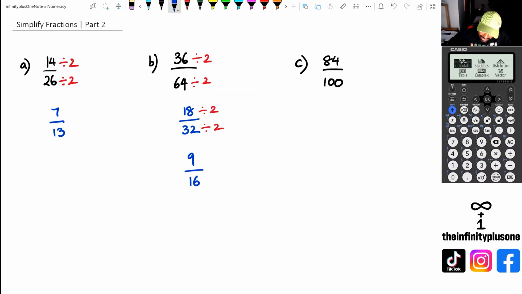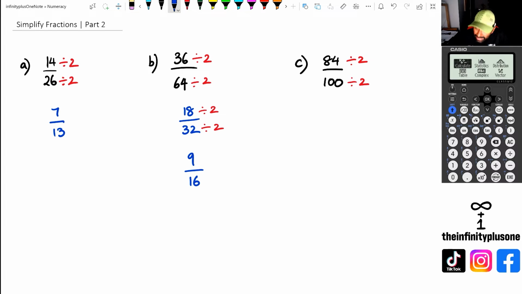Let's have a look at question C. So with question C, 84 and 100. Now, if you are really quite sharp with your times tables, you can see that this can be divided by 4 on both the numerator and the denominator. But let's say that's not going to work for you. What are you going to do? Check the numbers. They're both even. So we're going to divide by 2 and divide by 2.